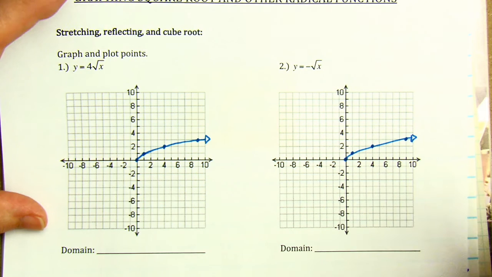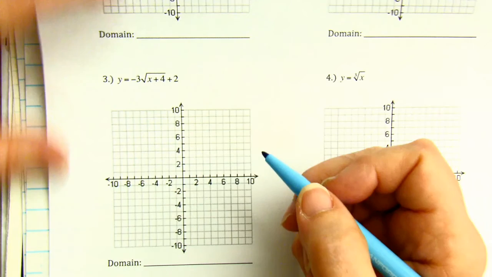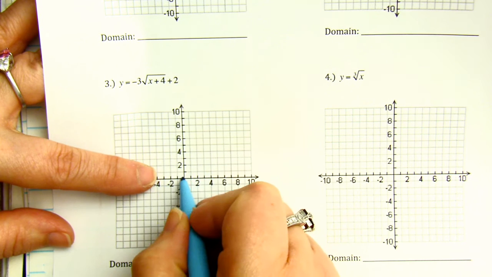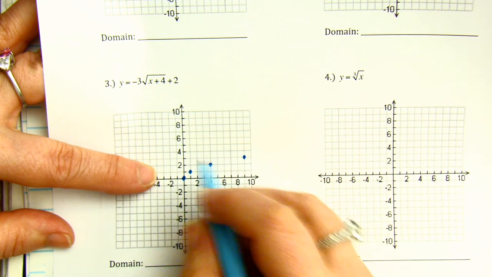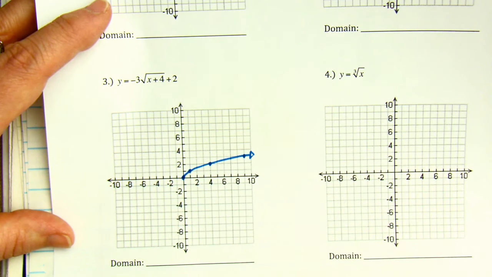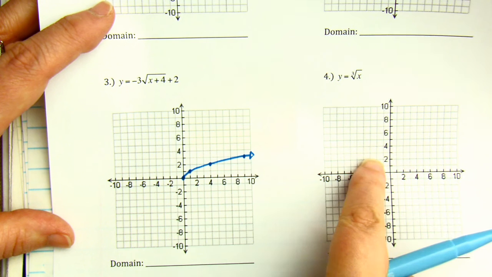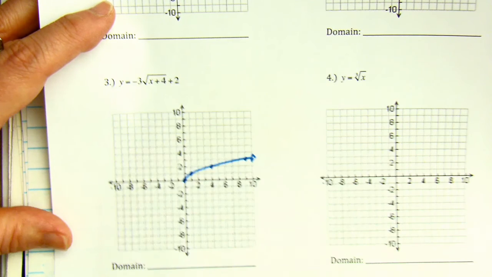So all I'm doing for these three is graphing the parent function. All right, we got all three of those. We're going to wait for this one because that's a different kind. You have to look at the index. You have to make sure you know what you're talking about.